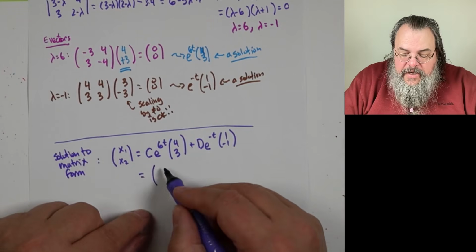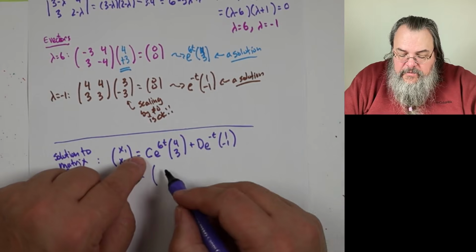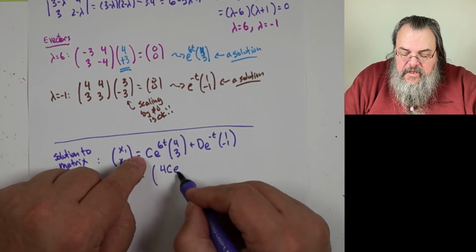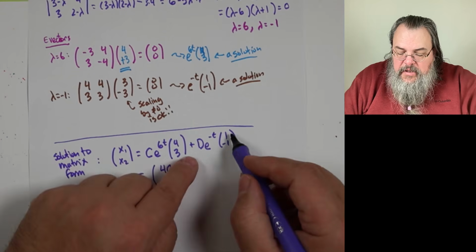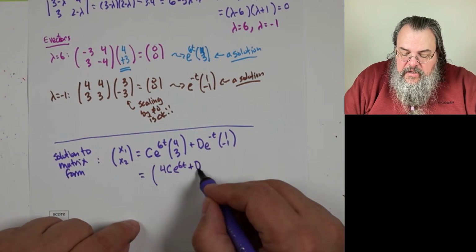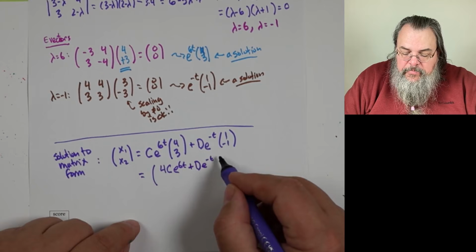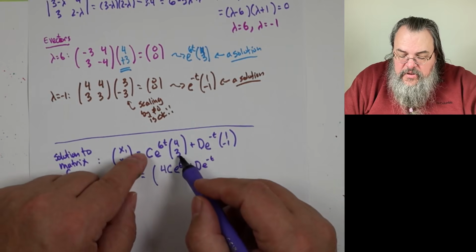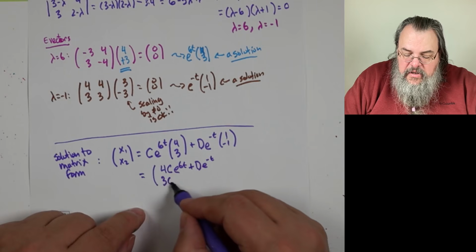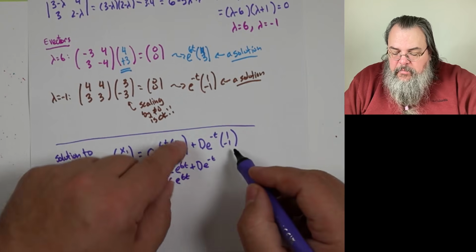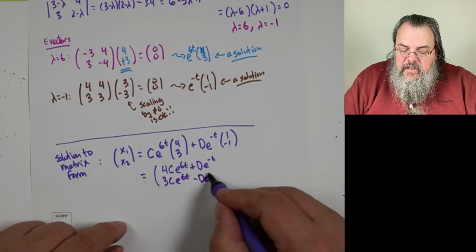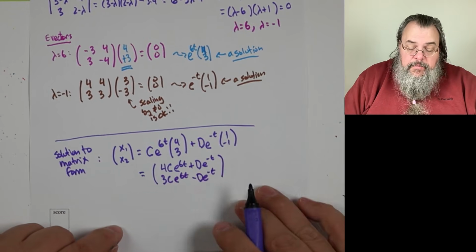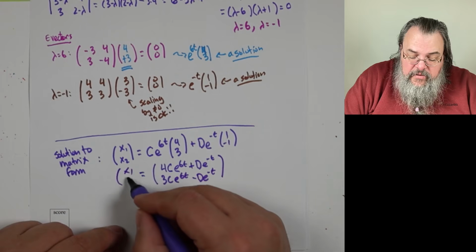So this would be the vector, multiplying this in, 4c e to the 6t, and then plus d e to the minus t. Downstairs, 3c e to the 6t minus d e to the minus t. And remember, this is still x1, x2.